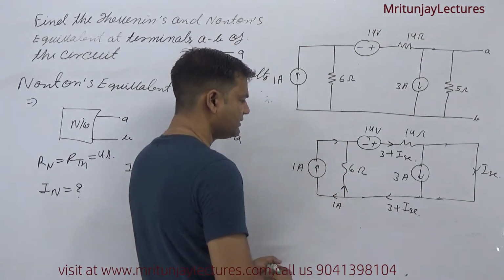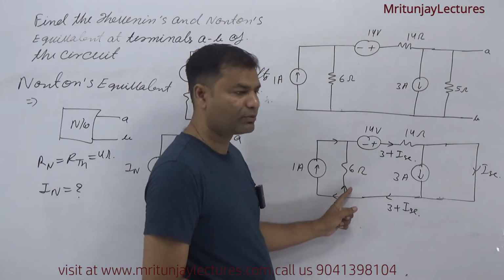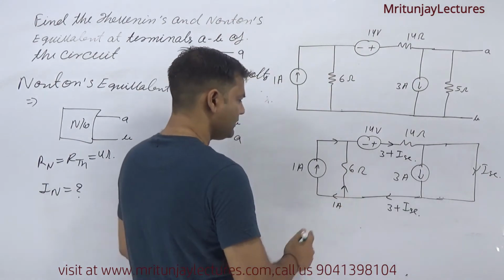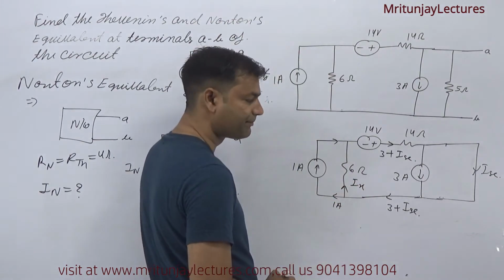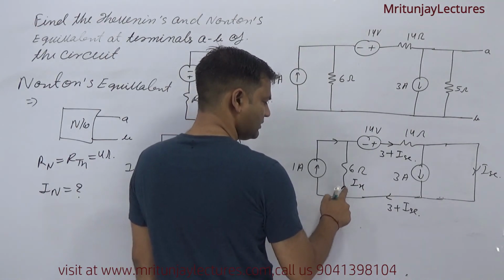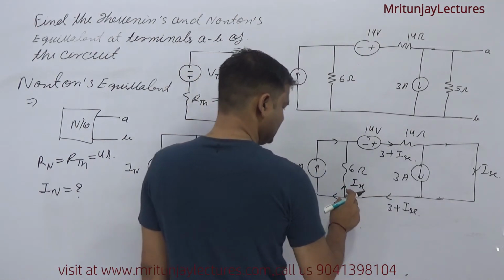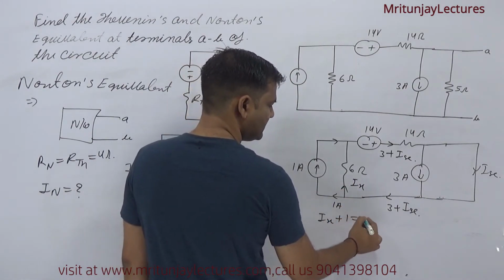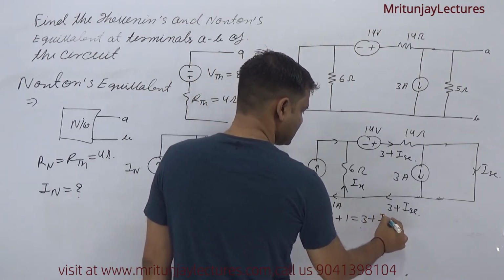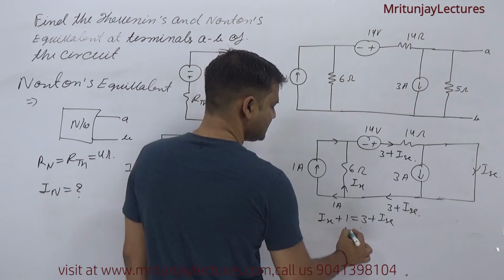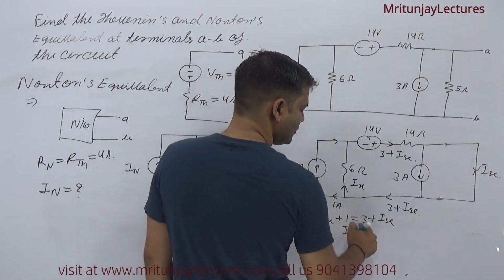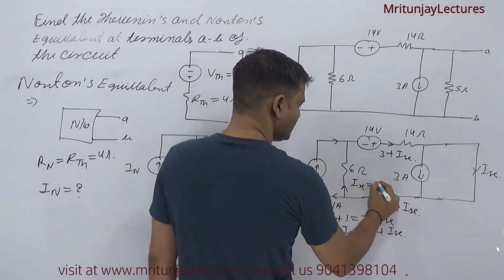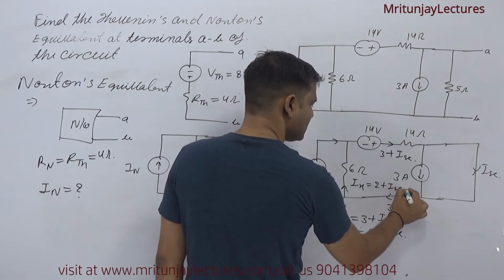So what about the current in the 6 ohm? Suppose it is IX. Taking the algebraic sum, the outgoing current ISC plus 1 is equal to the incoming current 3 plus ISC, sorry, IX plus 1. So IX is 2 plus ISC.